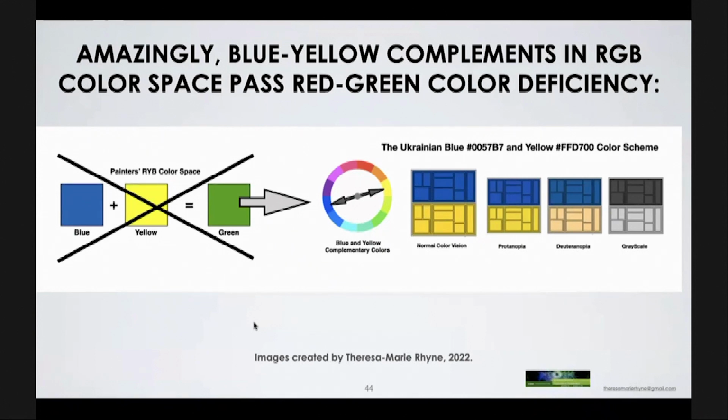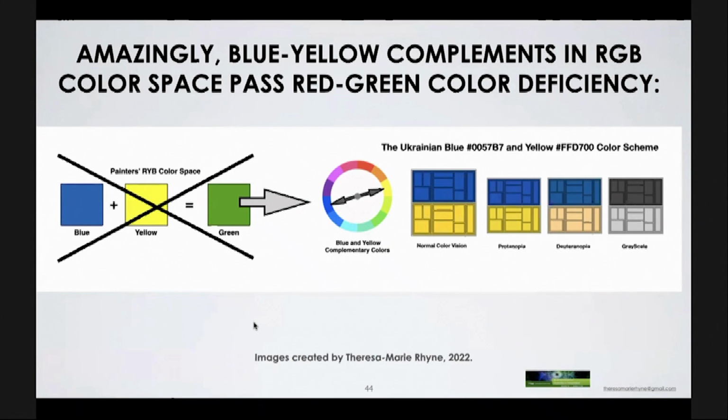Ukraine's a younger country than the United States, because the United States colors were specified before Pantone was a company. But I honestly tell you that the Ukrainian Constitution specifies its flag by the specific blue and yellow Pantone colors. But anyway, now I'm asking you not to think blue, yellow equals green, but to think blue, yellow equals white light.